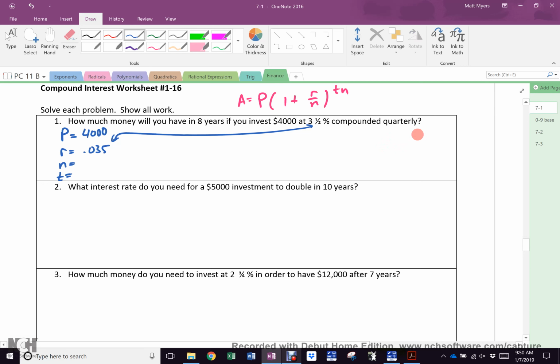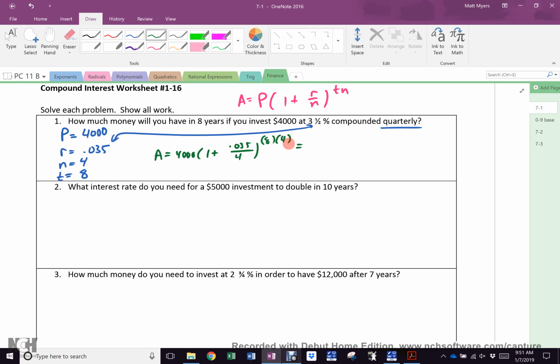The N, compounded quarterly. So what is N? 4. And the T is time in years, so it is 8. And then we just fill it in. A equals 4,000(1 + 0.035/4)^(8 times 4). And of course, punching that into your calculator all in one go can be a little bit difficult.